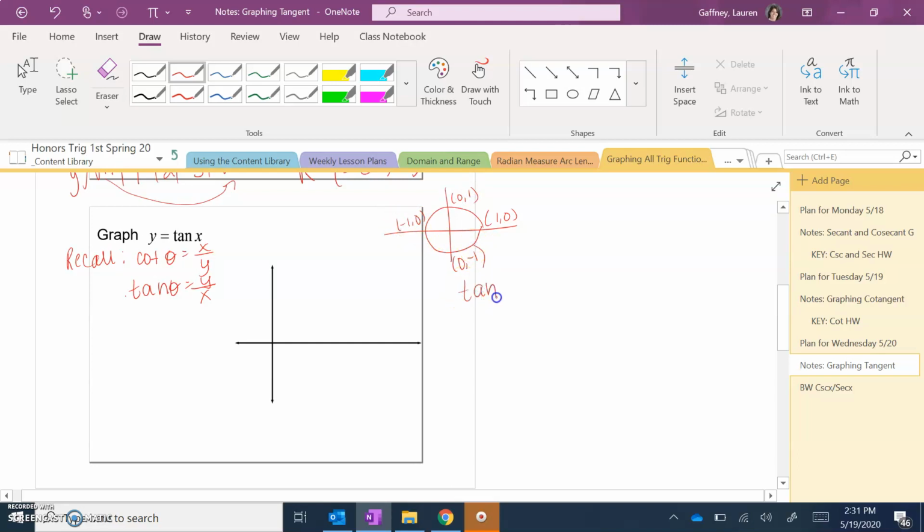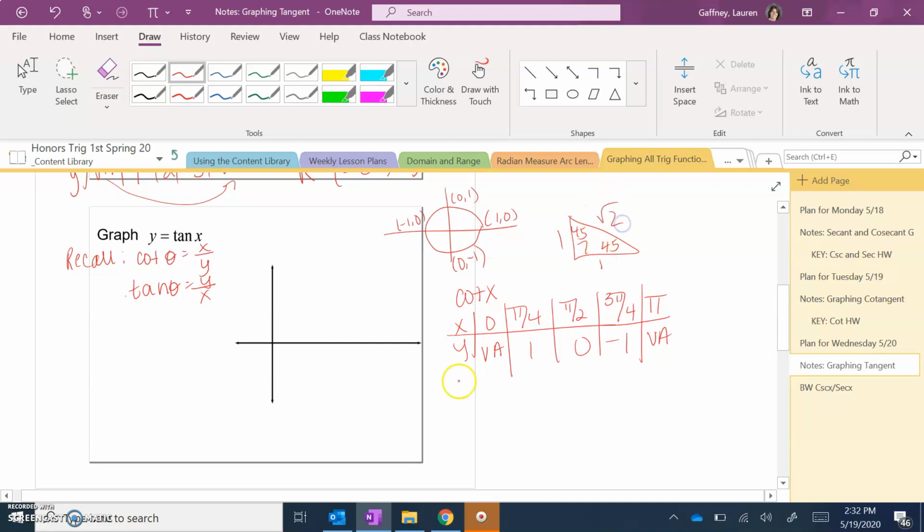For cotan, I'm just looking at the values that we got from yesterday for the generic cotan graph. If we looked at 0 and pi yesterday, we said that those were undefined, so those were creating the VAs. This was 1, 0, and -1, and we got the pi over 4 and 3 pi over 4 from the 45, 45, 90 triangle.